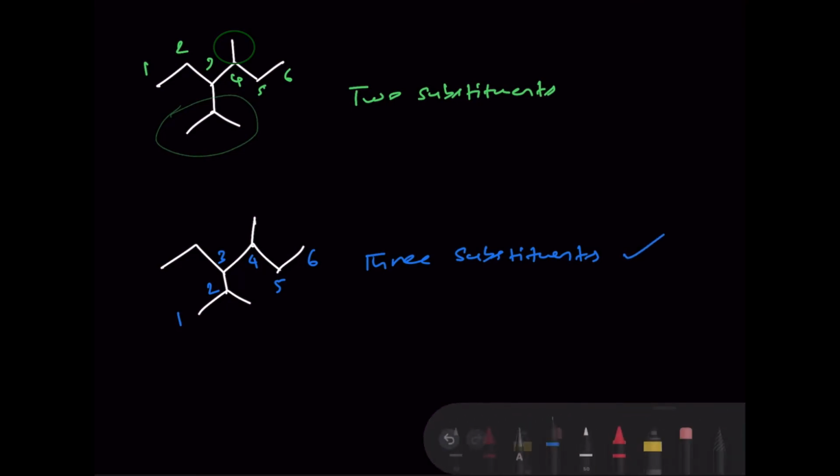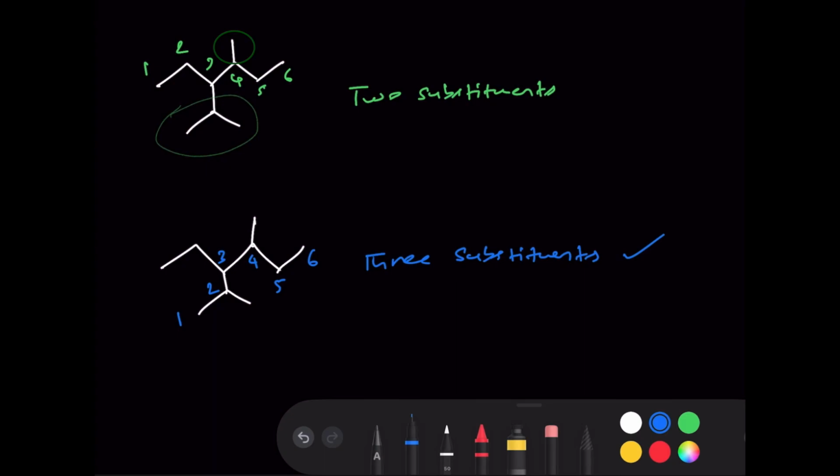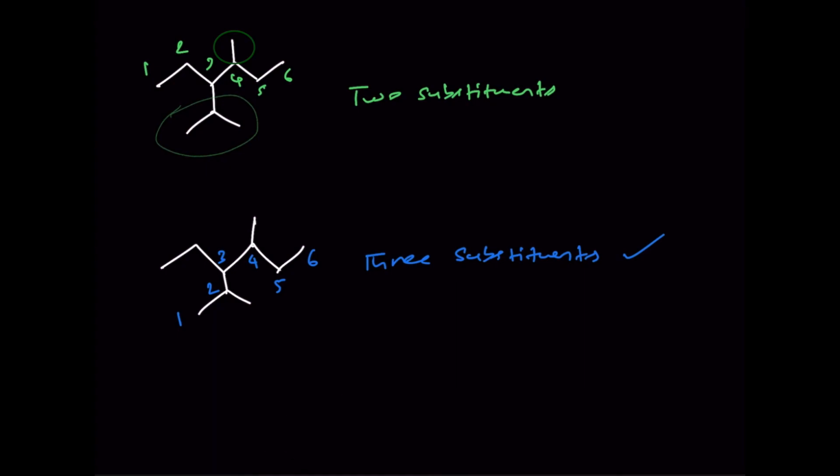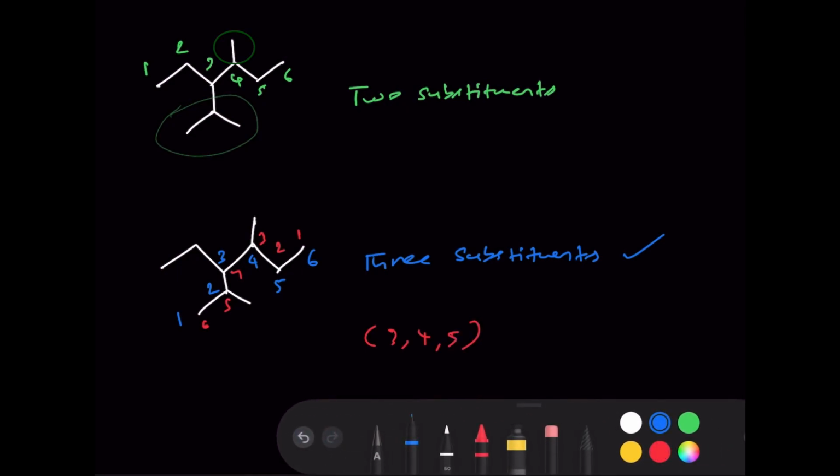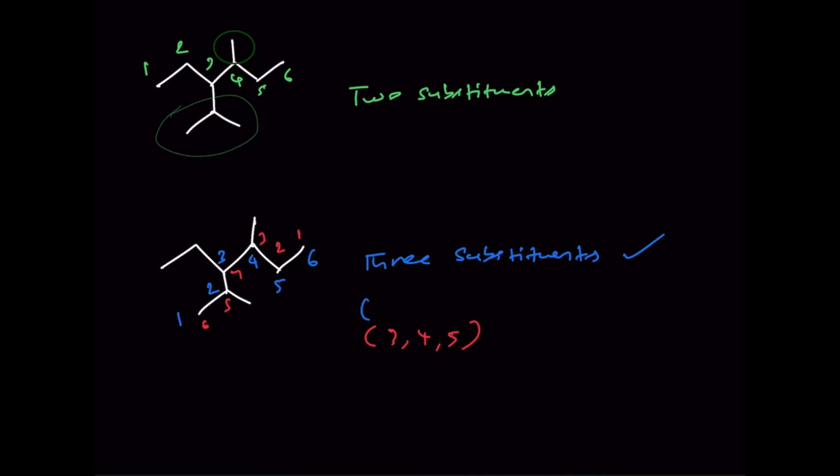You can't name in the reverse way here, because if we do that, 1, 2, 3, 4, 5, 6, then your substituents will be at 3, 4, 5 position. Whereas, if you follow the numbering that is there in the blue color, then that will be 2, 3, 4. Therefore, that is correct.